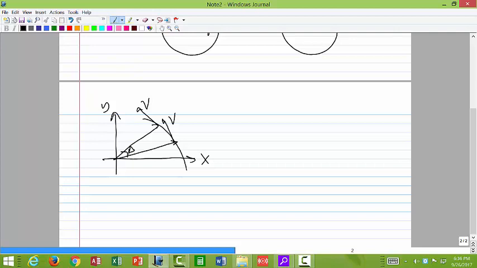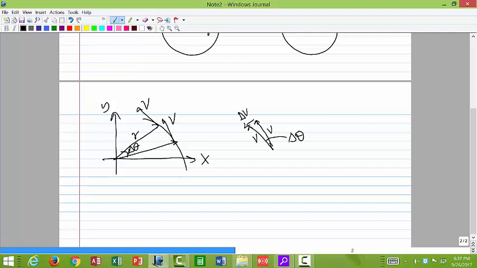This is delta theta, this is R. The change in velocity vector will be a vector which points this way. This is the change in velocity vector, delta V. This is V, and that's V. This angle is again delta theta. I've just taken the change in velocity from here and put it here.